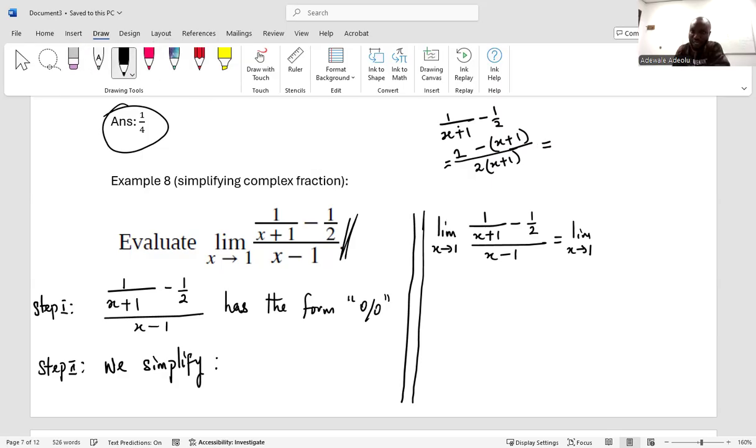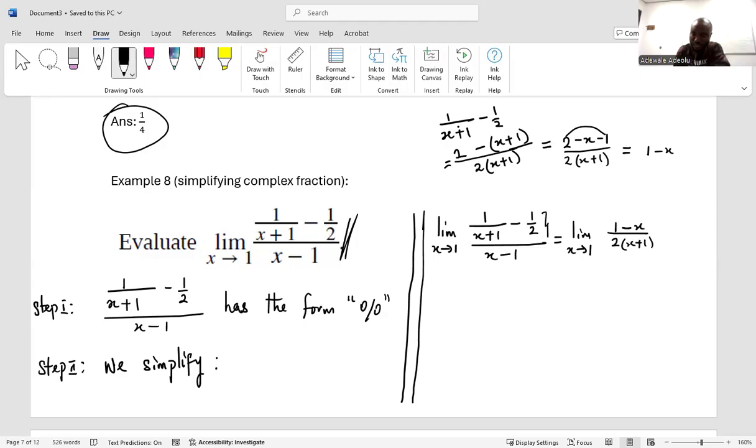So in this case, we have 2 minus x minus 1, minus times plus minus, so that is minus x, over 2 into x plus 1, and 2 minus 1 is 1, minus x. So I have 1 minus x divided by 2 into x plus 1.